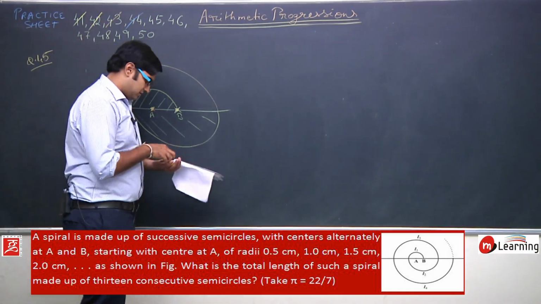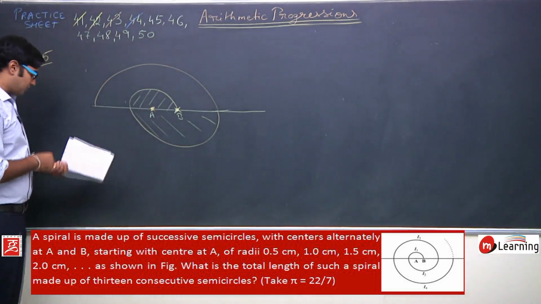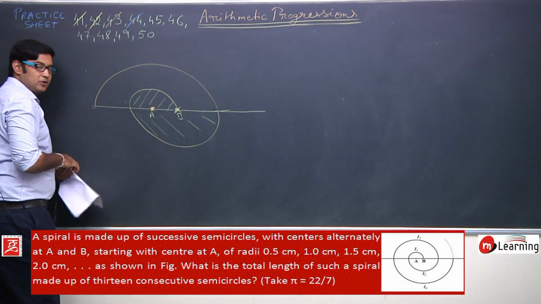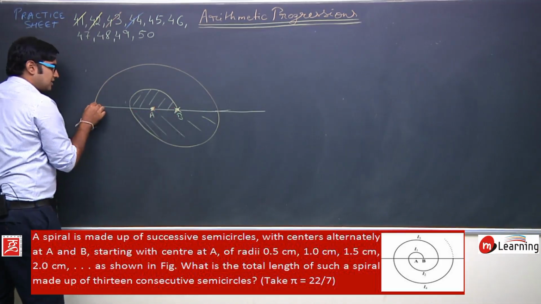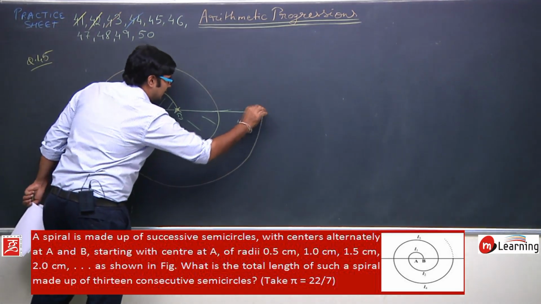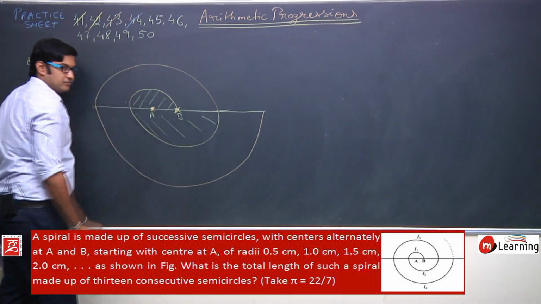So from B, taking B as the center, and from this point as the radius, this much length, I will draw another semicircle like this. Now for this bigger semicircle, I have B as the center.